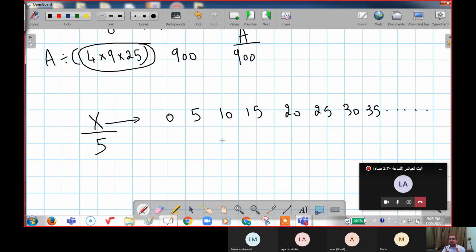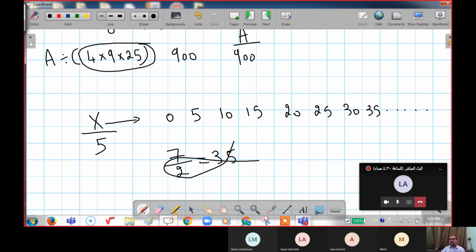When I say divisible, girls, it means the answer must be a natural number. It cannot be with a dot. For example, I cannot say that 7 is divisible by 2, because 7 divided by 2 equals 3.5.